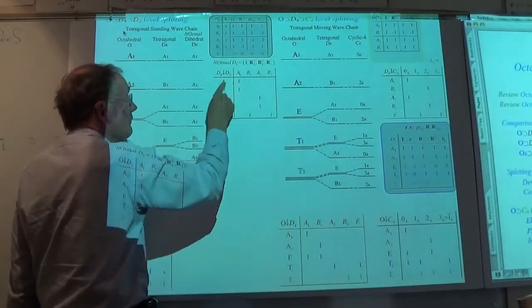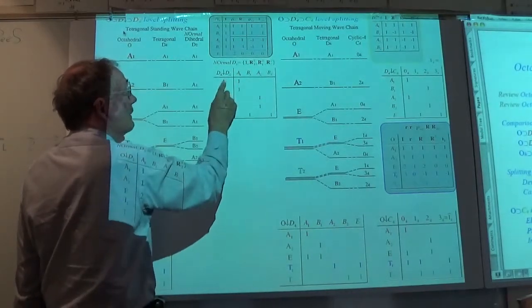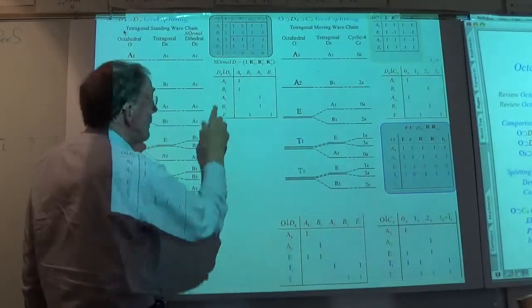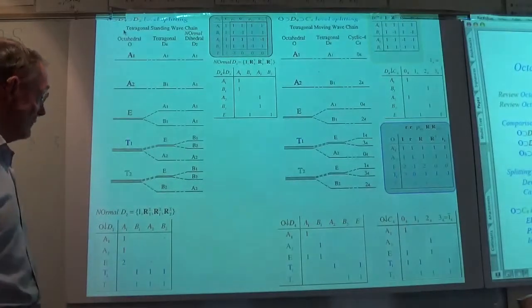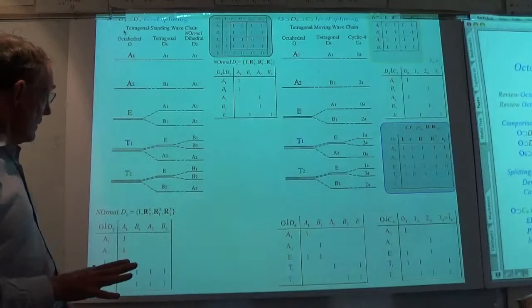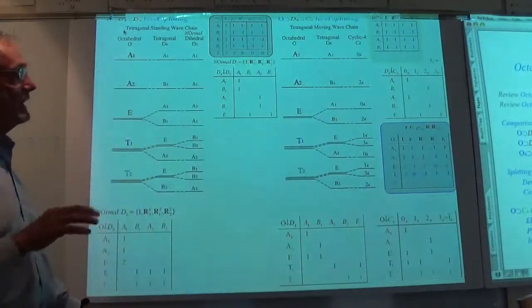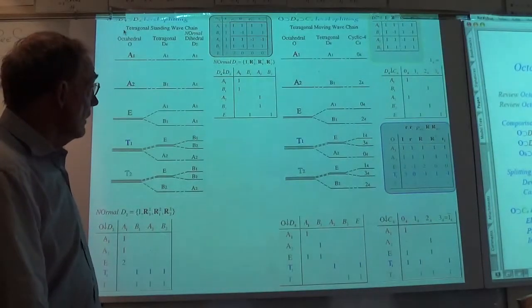Well, you can, in fact, almost always get the A1 of a subgroup to be the A1 of a big group, however big, including O. But the rest of them can really make your life miserable if you don't know what's going on. So you have to be really careful. And that's why these correlation tables are really good things to make and hold on to. And they guide you through things.